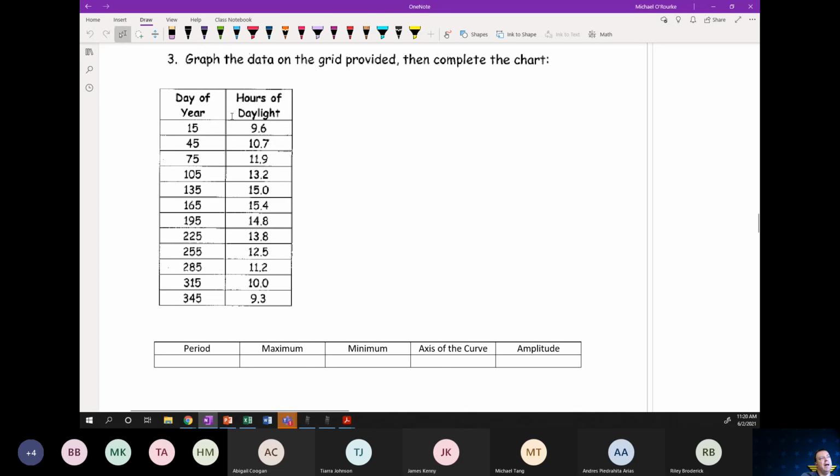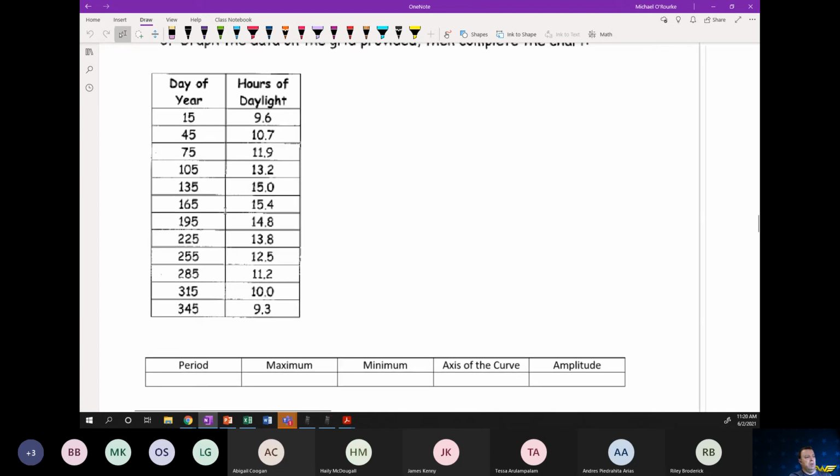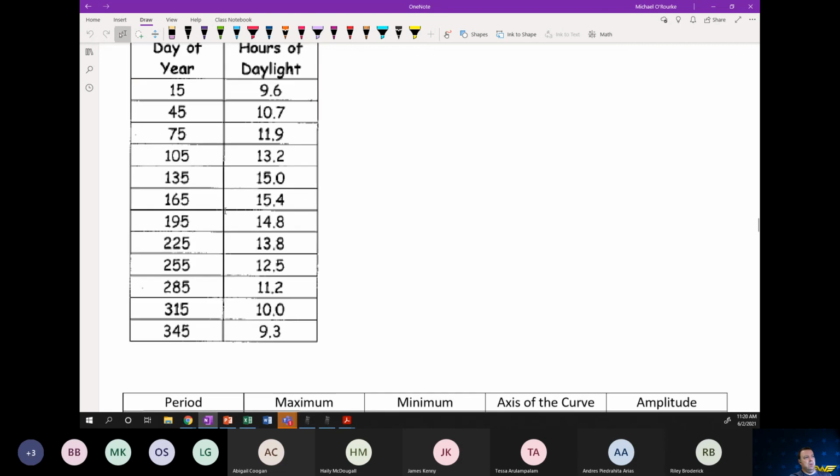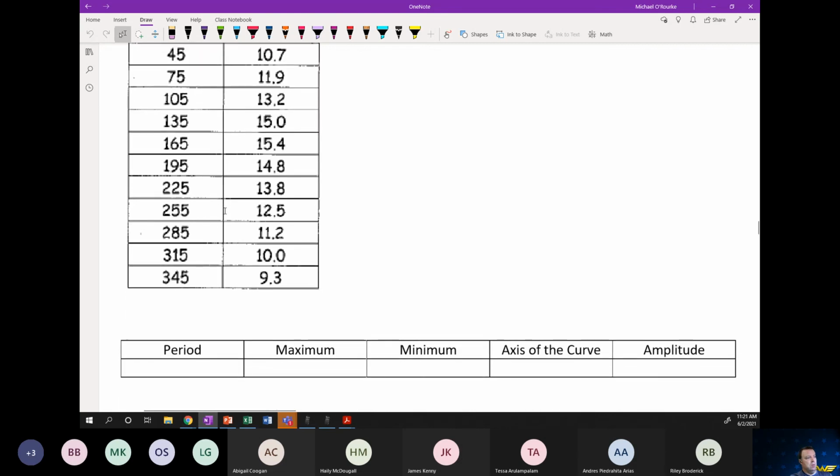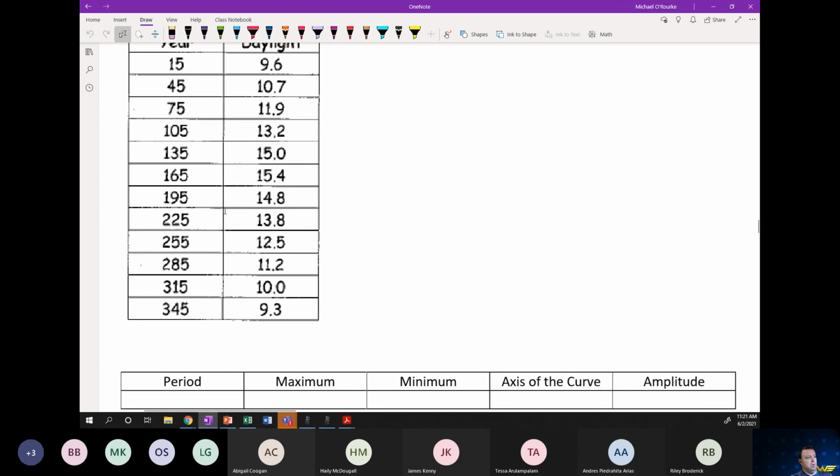This is hours of daylight and days of the year. Well, how do we find the maximum number here? Looking at the y values, can you tell me what the maximum number is? If we're looking at maximum number, all we have to do is look for the biggest number, right?